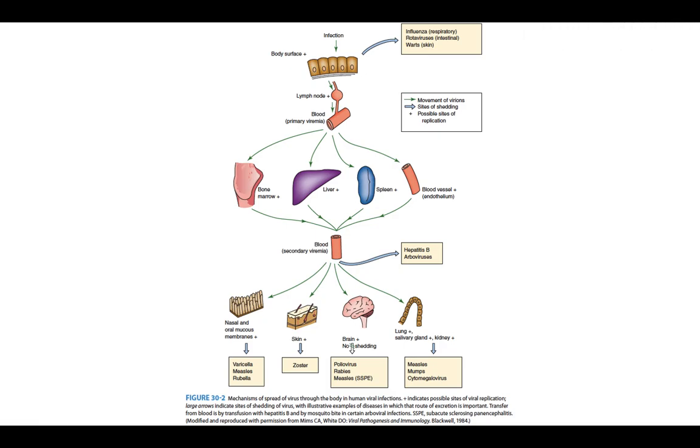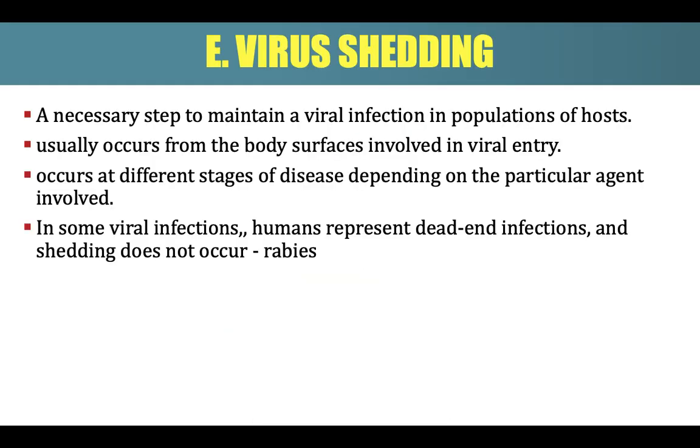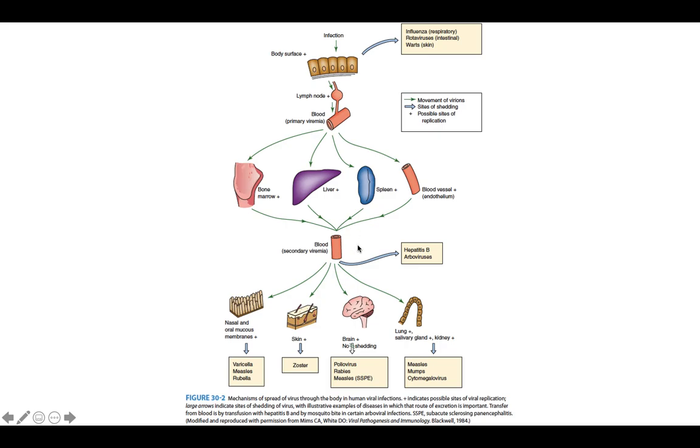Shedding occurs at different stages of disease depending on the particular agent involved, and it represents the time at which an infected individual is infectious to contacts. In some viral infections, such as rabies, humans represent a dead end for infection, and shedding does not occur. This is an example with rabies, because the virus goes to the brain, the central nervous system, and then there will be no shedding.